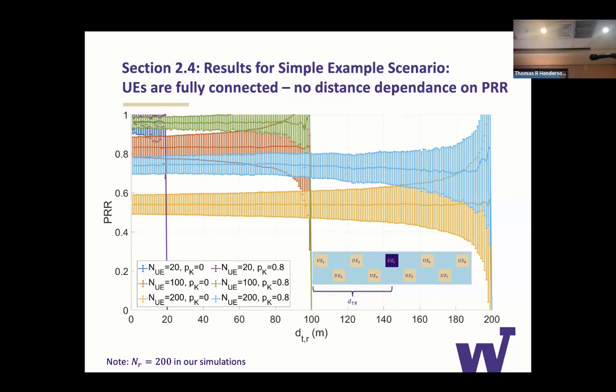Because the inter-distance is 1 meter, we can span 200 meters in simulation. If there are 100 UEs, the last UE will be located at 100 meters. So in a fully connected network, there is no distance dependence on PR, right?